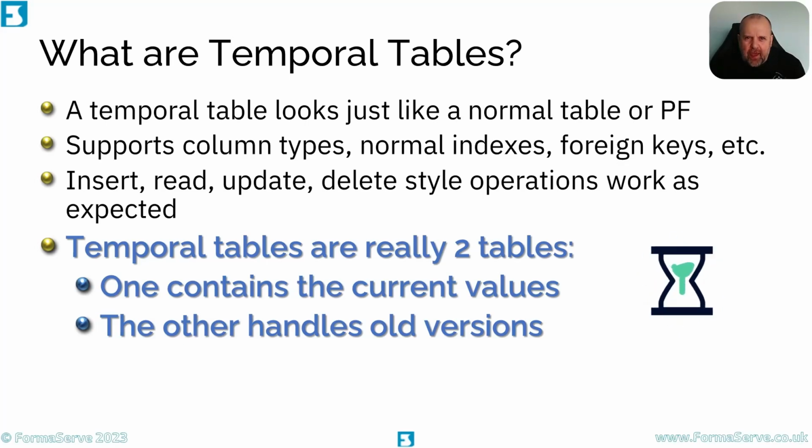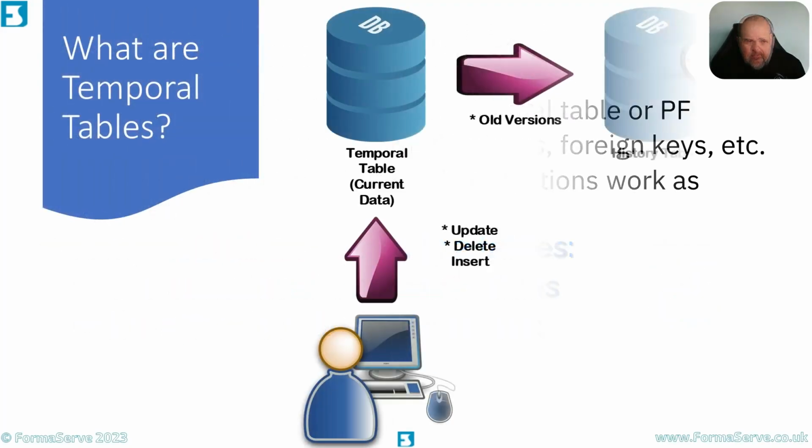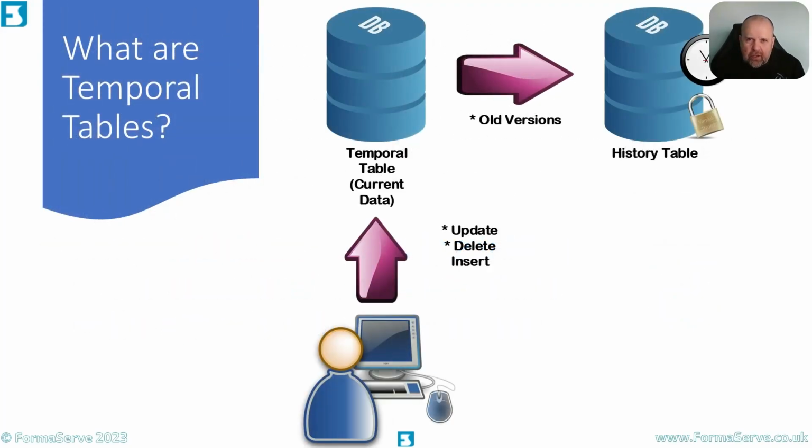We have one for the current values and the other one for the versioned ones, the old versions. So as far as our user's concerned, he just has his normal programs, he updates the table, no difference to him whatsoever. But behind the scenes, the database manager will automatically populate our history file when it needs to.